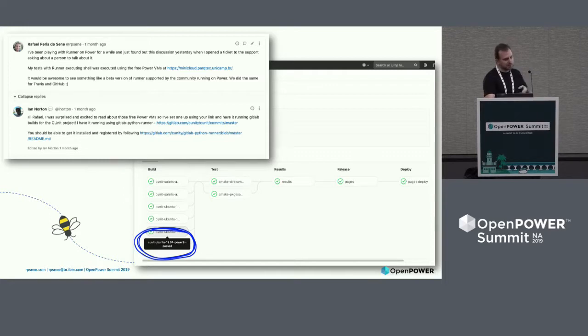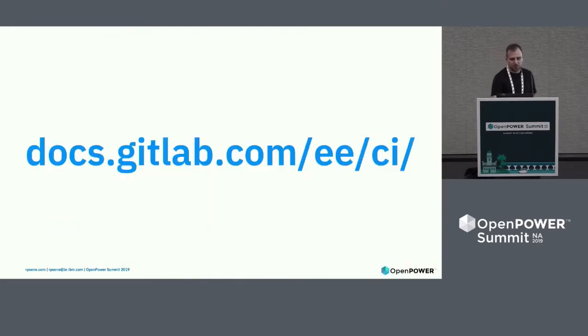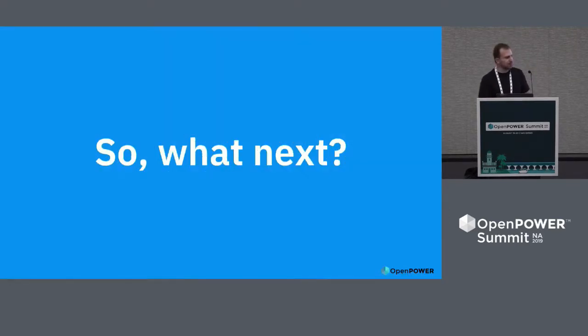And in the case of GitLab, you can get more resources here to understand how you can configure your build script using GitLab. So what next? We tried the SDK, where we put together a set of tools, a tooling mechanism that would help developers moving from x86 to Power.